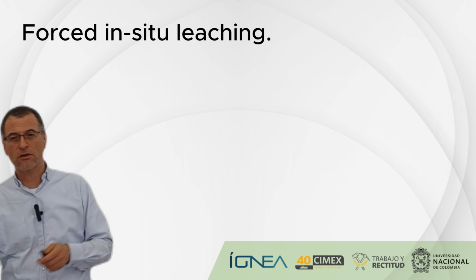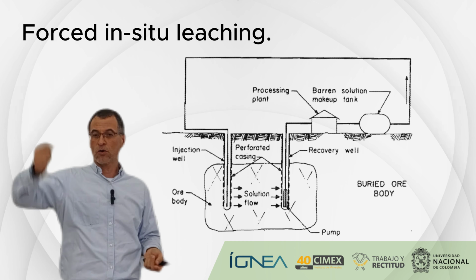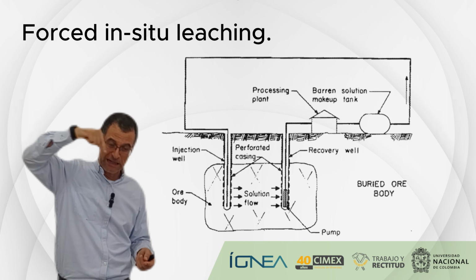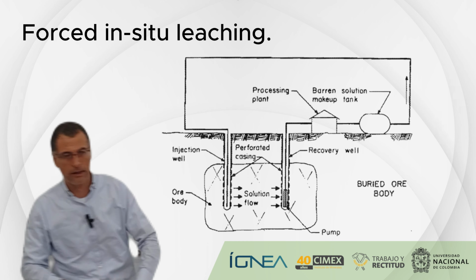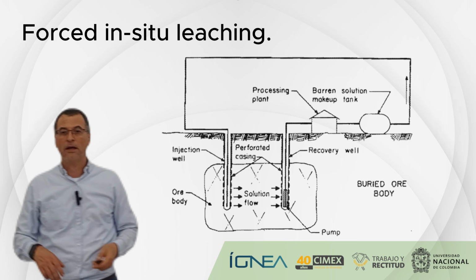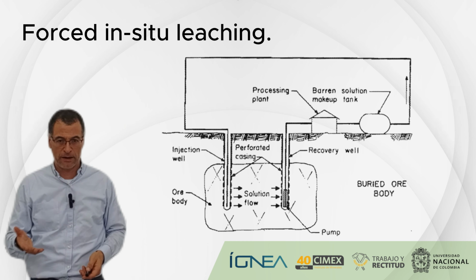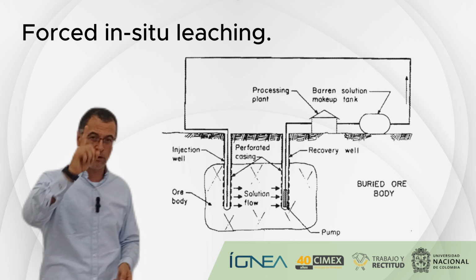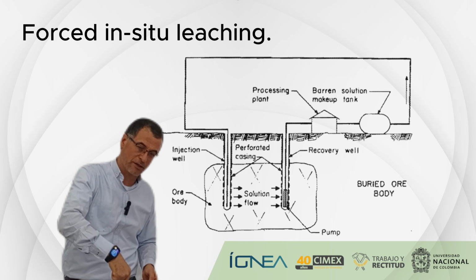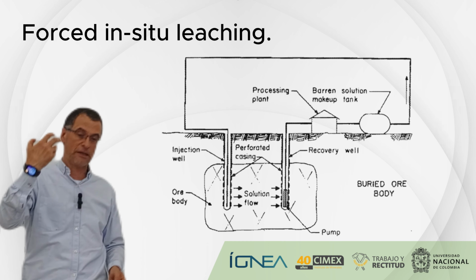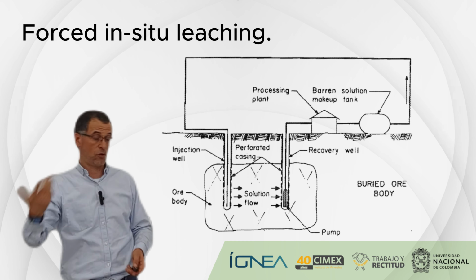In forced in situ leaching, the difference is that you have two or more drills. Some of the drills are for injecting the reagent, and the other drills are for extracting it. In simple in situ leaching, you only have one drill to inject the reagent, and in the same hole you extract the reagent or the solution.